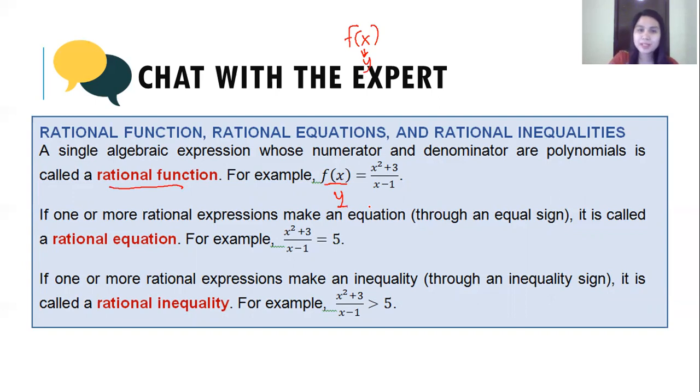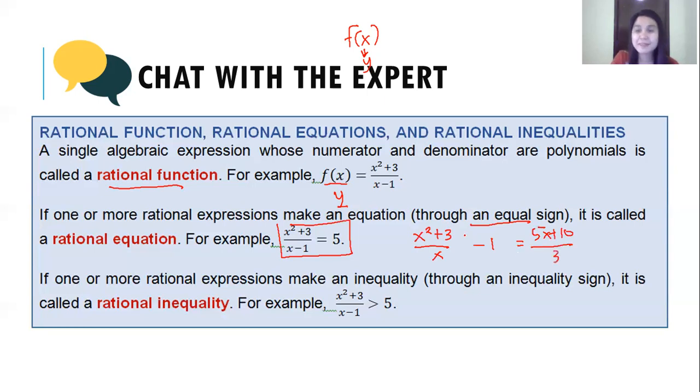The next one, when we use equations or equal sign, we call it a rational equation. Example, like this one. Or you can also have x squared plus 3 over x minus 1 equals 5x plus 10 over 3.